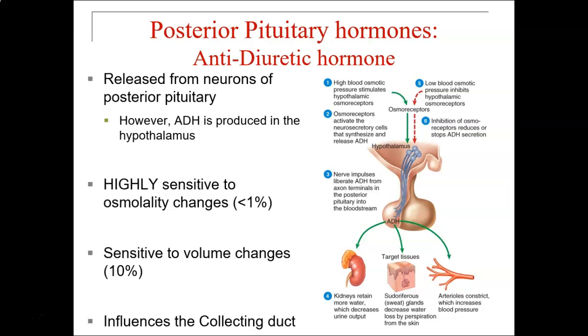If those changes stimulate the hypothalamus, that's going to stimulate the release of anti-diuretic hormone. And you can see some of the things that occur: the kidneys begin to retain more water. If we want to elevate blood pressure, we increase blood volume by causing the kidneys to retain more water and produce less urine.